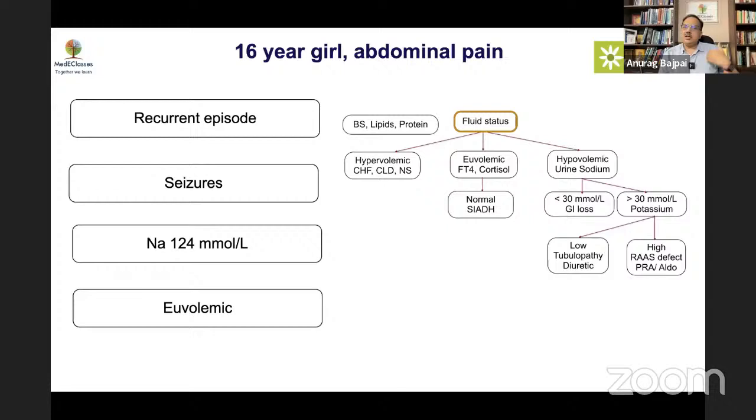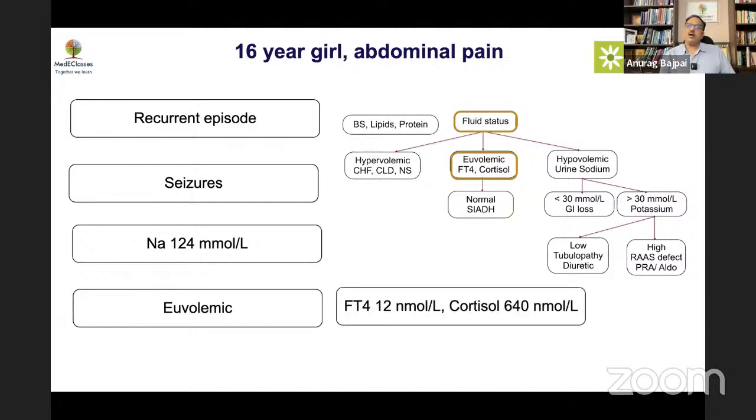This child had been managed as SIADH on a couple of occasions, but this time when we were called, we were able to identify the common feature of recurrent abdominal pain in that girl, and that led to the diagnosis of porphyria, which was causing the SIADH. So there are challenges with regards to the evaluation as well as the management, and we need to be very careful.